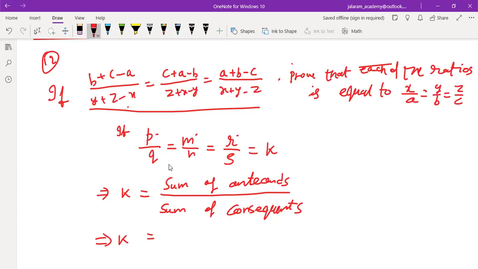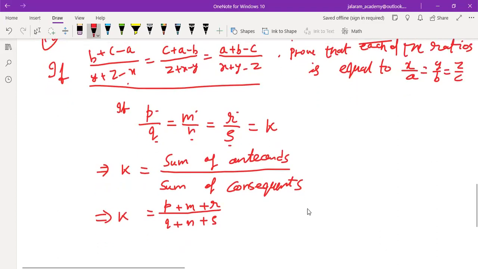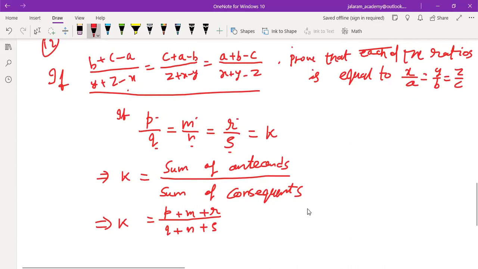In the ratio, they are antecedents which are in place of numerator, and the terms in place of denominator are the consequents. So if we add the antecedents, they are P plus M plus R, over consequents Q plus N plus S. So this property will be used in solving this question.